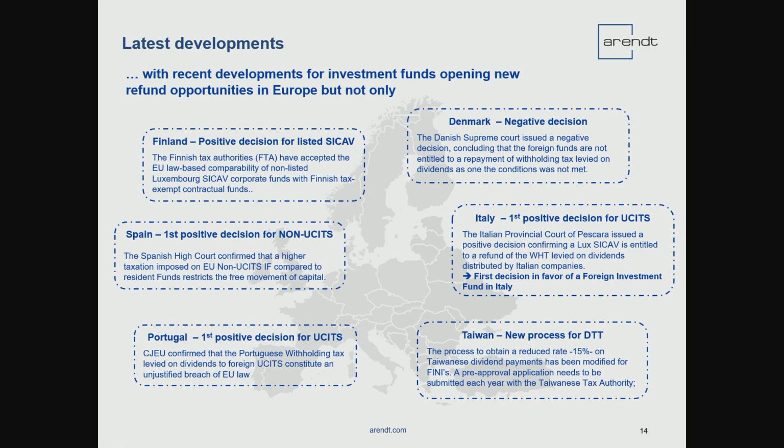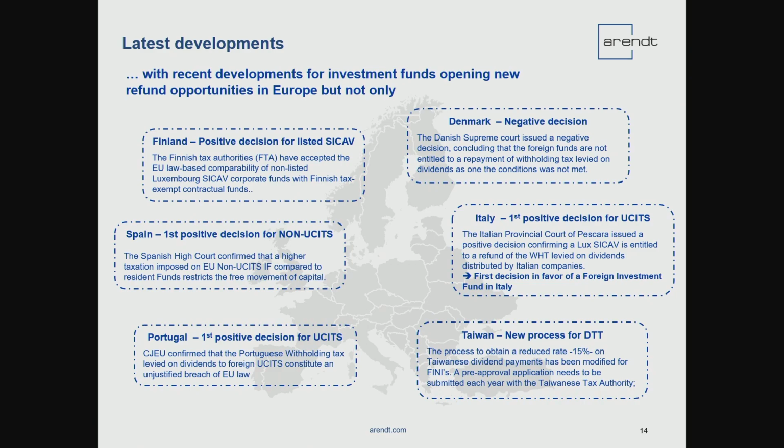So we have had positive decisions for UCITS funds for quite several years now. And last year, the Spanish High Court confirmed that the free movement of capital also applies if the non-resident investment qualifies as an EU non-UCITS fund.